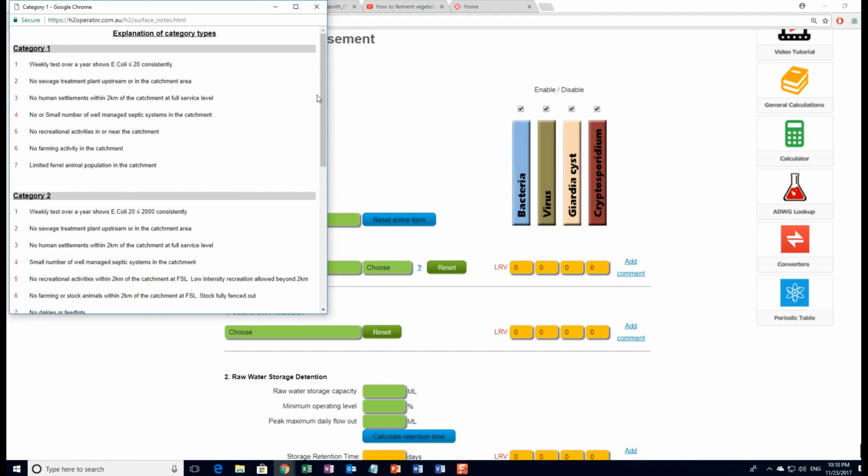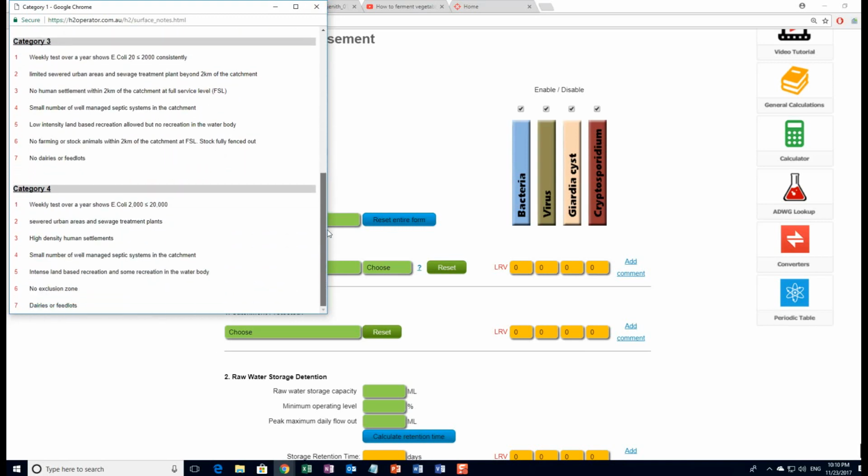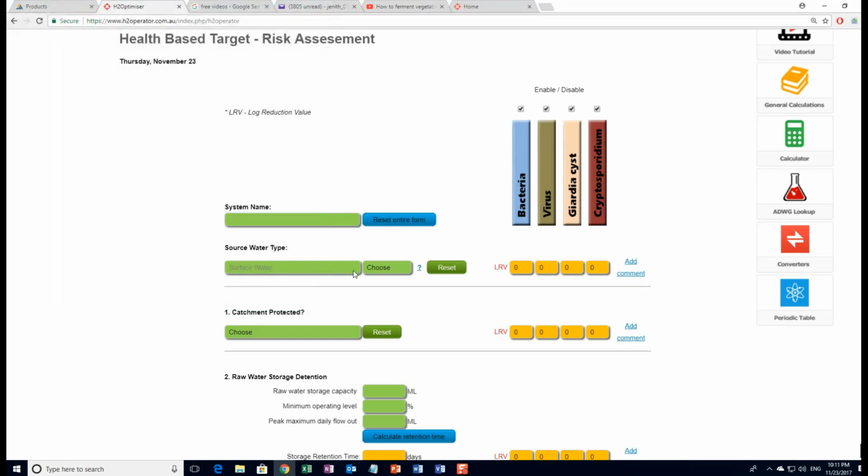In this case I'm going to choose the worst category, category 4, which has sewer urban areas and sewage treatment plants. Weekly E. coli test results show more than 2,000 but less than 20,000 E. coli, dairies and feedlots, etc. Okay, so I'll go back here and choose category 4.